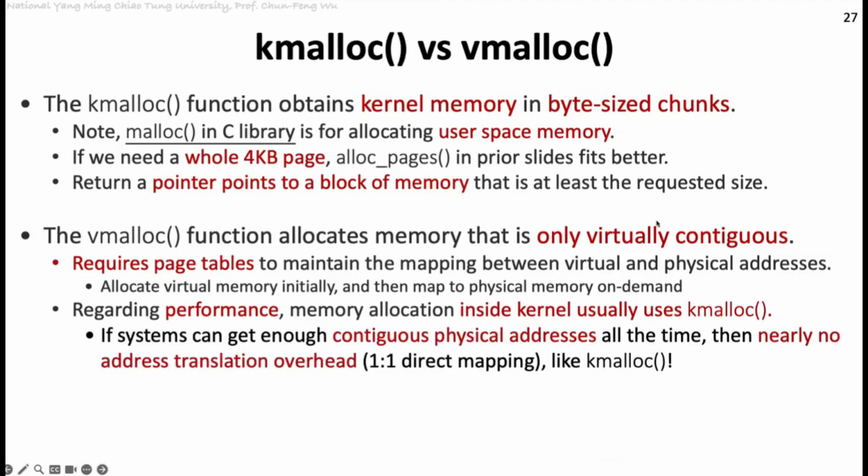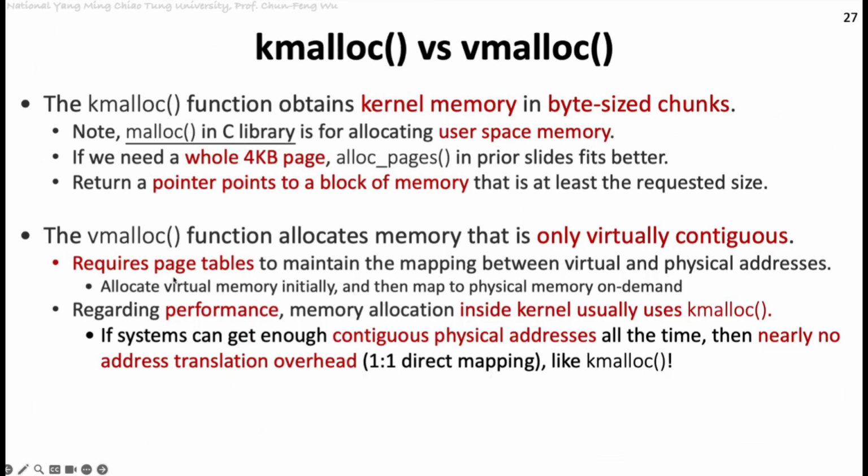So if the system can get enough contiguous physical addresses all the time, then there is no address translation overhead. What does this sentence mean? It means that if the virtual address space and the physical address space are the same size, then we can directly do one-to-one mapping.